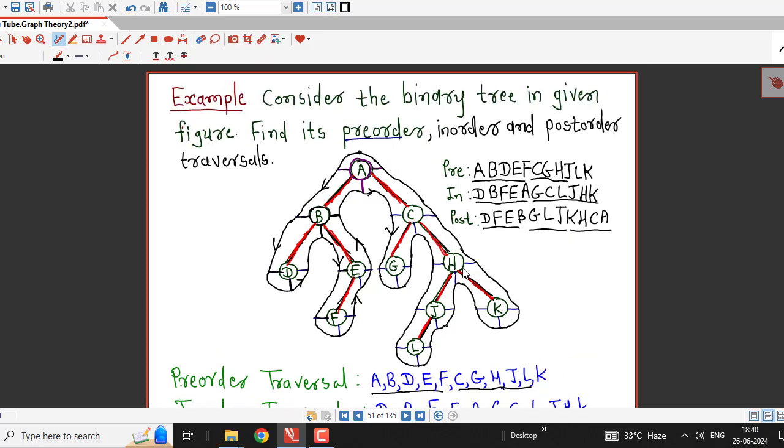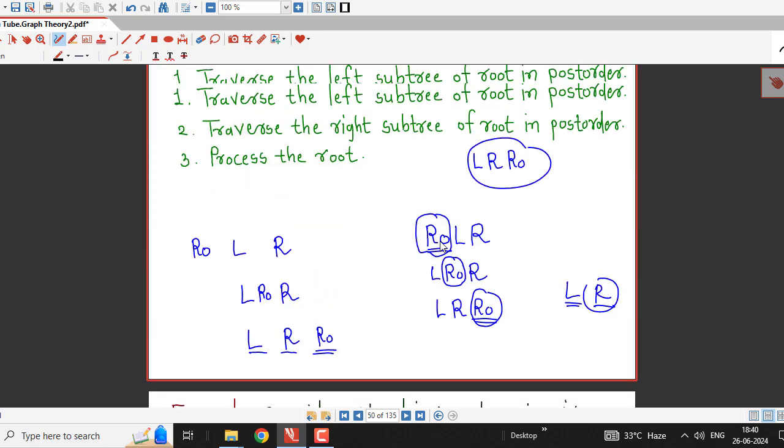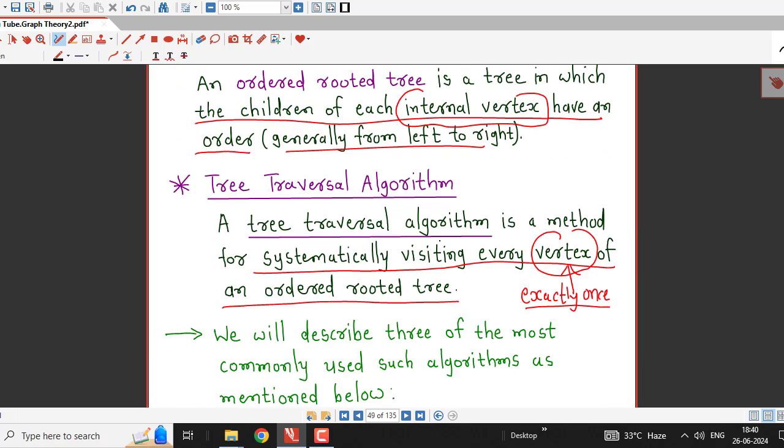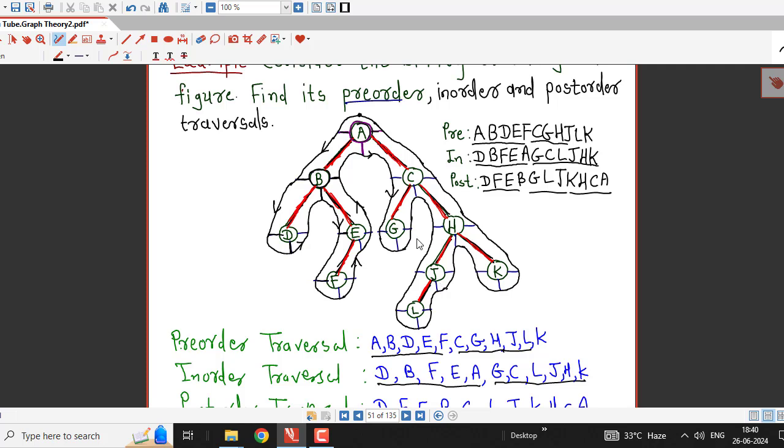So this is a very easy shortcut method for finding these three tree traversal algorithms. So either you can use the earlier method which we have discussed one by one, or you can consider this type of closed curve traversal, and you can remember that suppose the vertex is R, if my closed curve is touching this line, I will write vertex R in pre-order traversal.